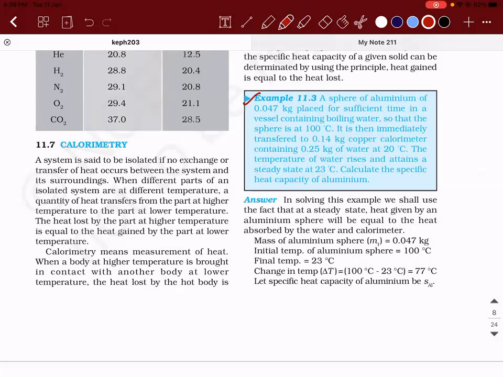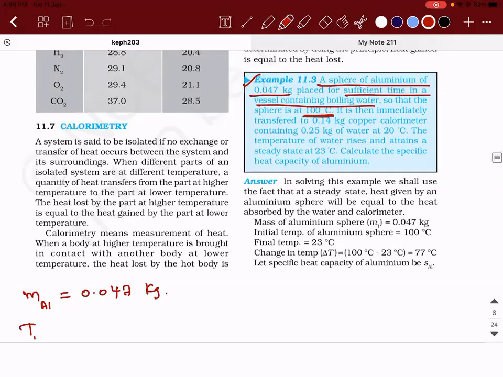Read the question carefully. There is a sphere of aluminium of mass 0.047 kilogram, placed for sufficient time in a vessel containing boiling water, so that the sphere is at 100 degrees Celsius. Now the temperature of aluminium is also 100 degrees Celsius.